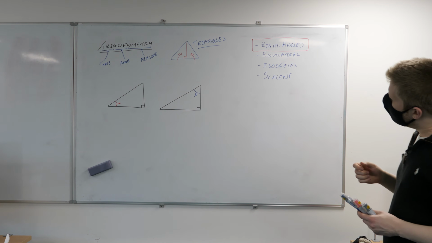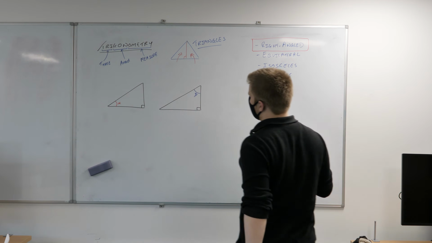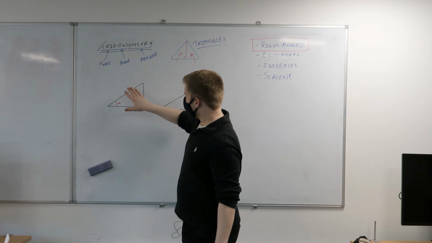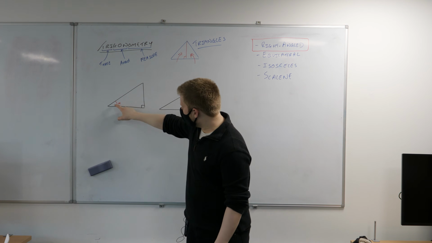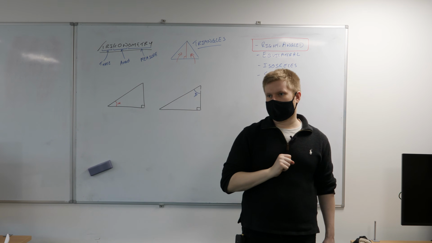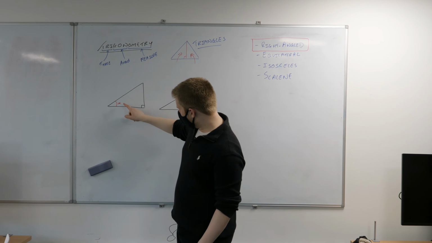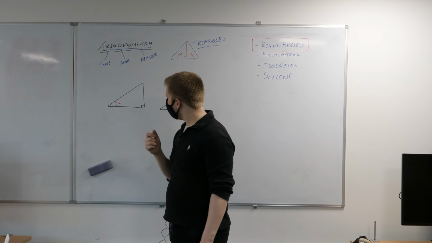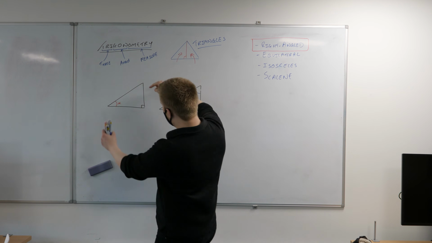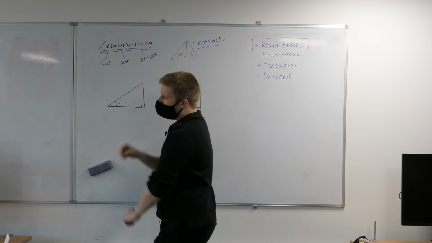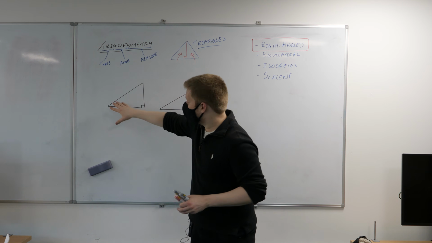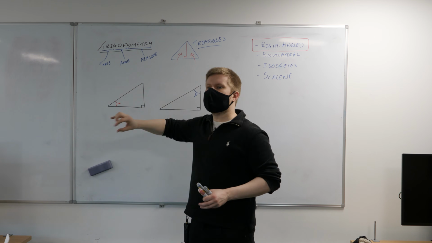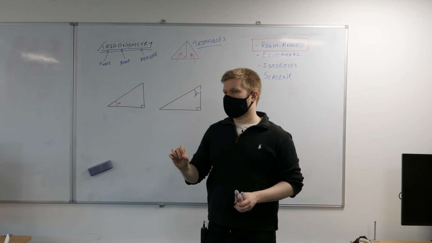Now, the idea is, with right angle triangles, there are 3 sides, and I can label these 3 sides in relation to which of these 2 angles I'm looking at. So if I'm looking at this angle down here, the side opposite the right angle, are you happy that that is always, regardless of what the angle is or what the other sides are, going to be the longest side?